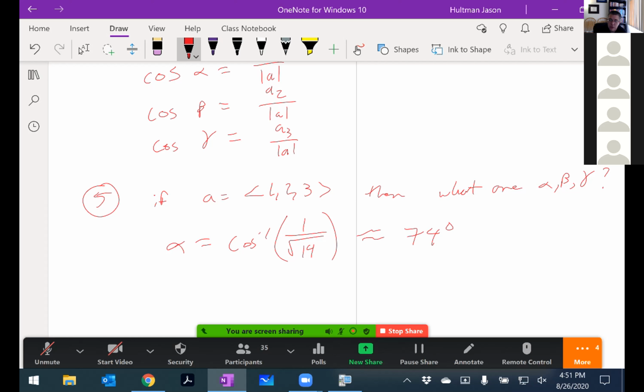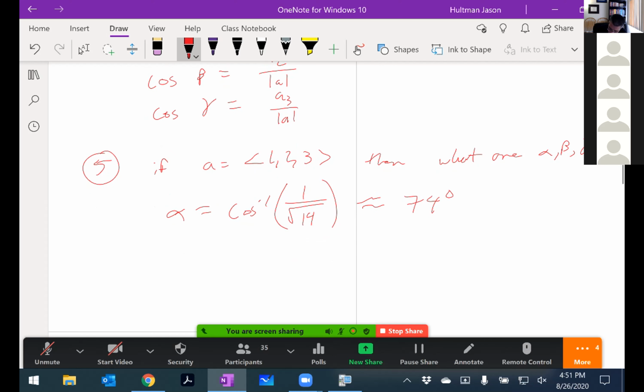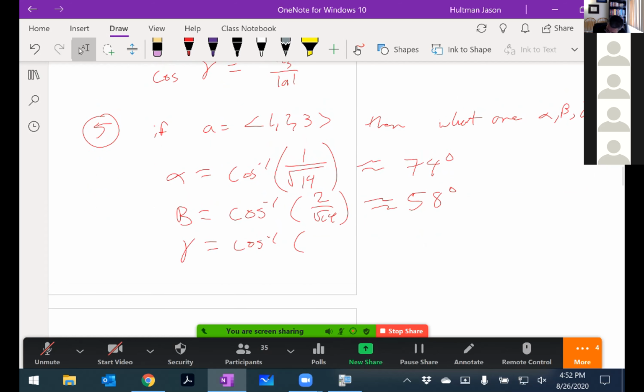Beta is the inverse cosine of 2 over radical 14, which is approximately 58 degrees. And gamma is the inverse cosine of 3 over radical 14, which is approximately 37 degrees. Okay, so that's how we do that.